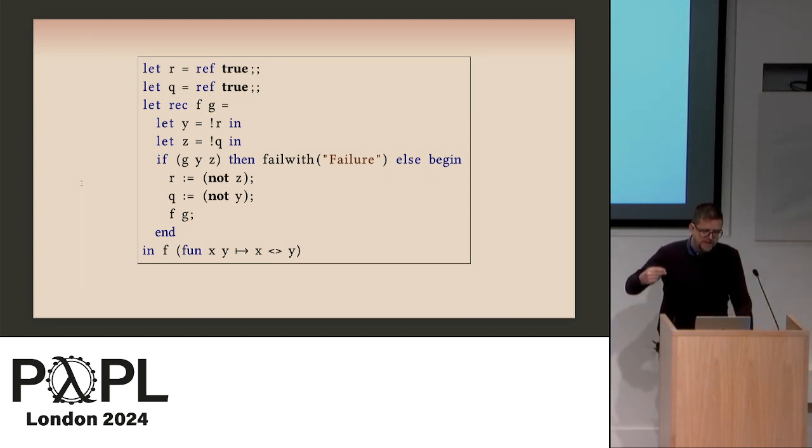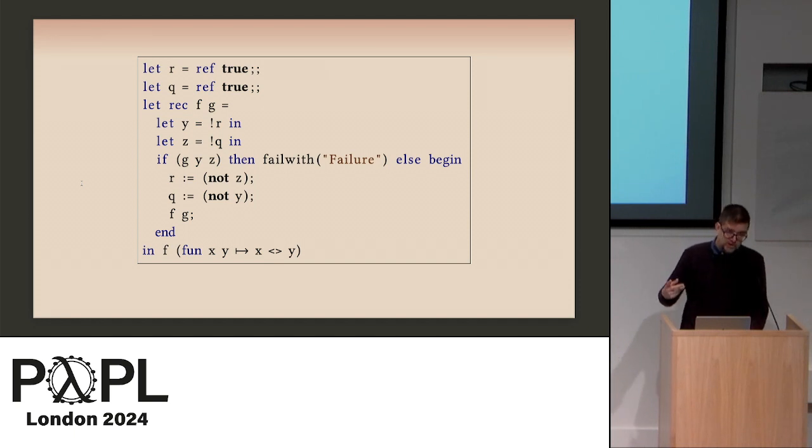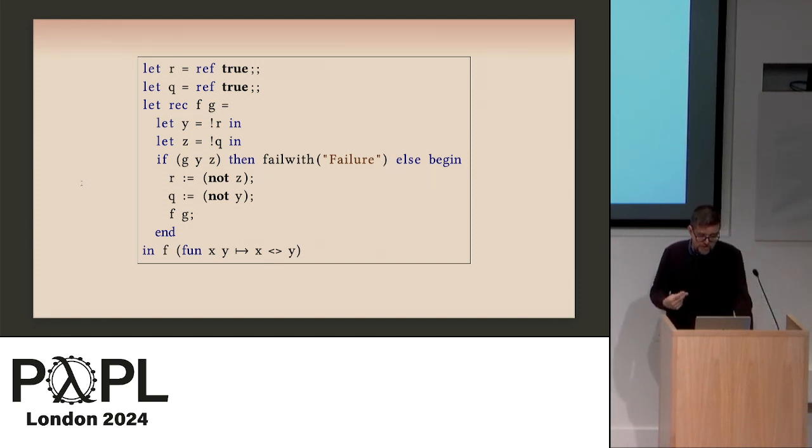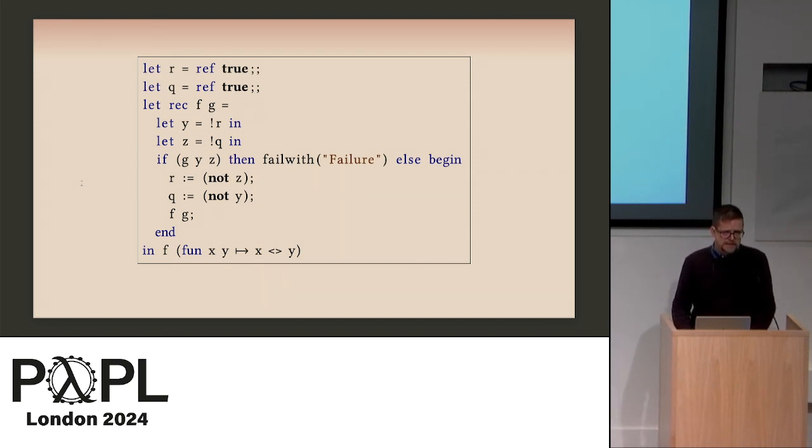At each iteration, the content of the two references is checked by way of the input function G, which just checks whether the content of the two references is the same, and only if it's different, it raises an exception. So it's clear that this program does not raise any exception. We would like to be able to verify it by way of higher order model checking.